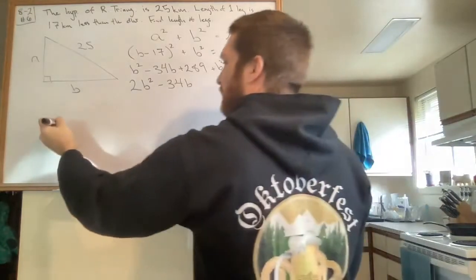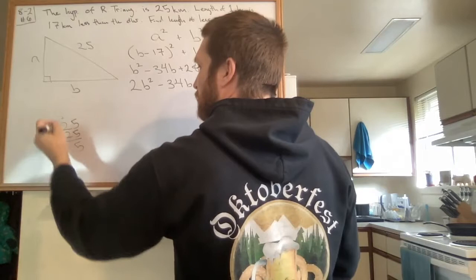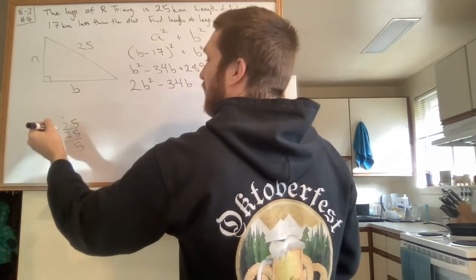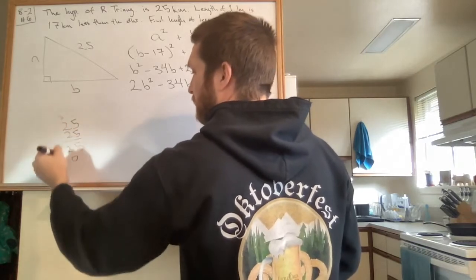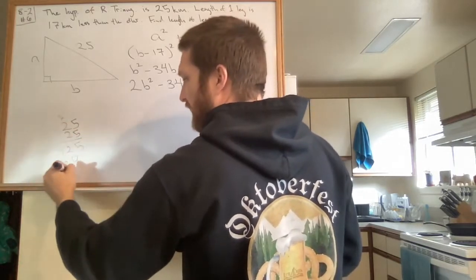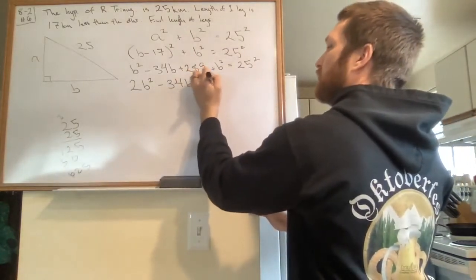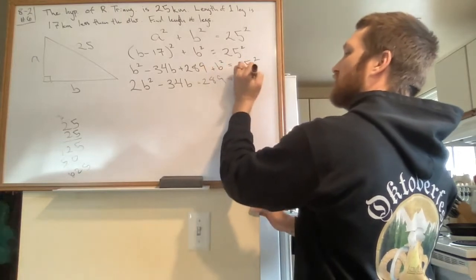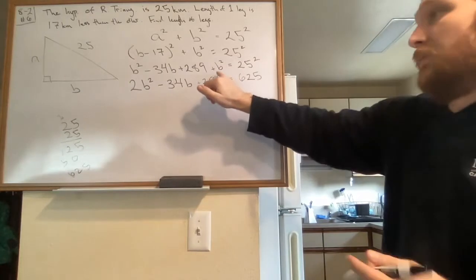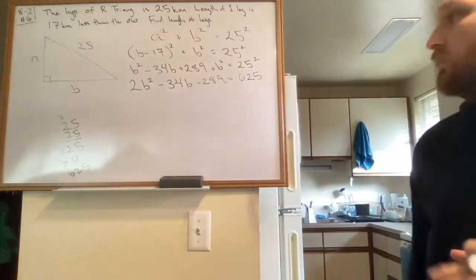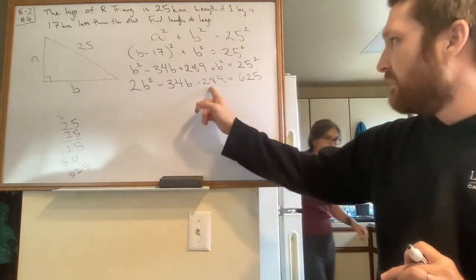So let's do that. 25 times 25 comes out to 625. So this is plus 289 equals 625. All I did was I squared that guy out. And then I really just moved that guy over there to get all my b squareds together. Now, I'm going to subtract him over here.